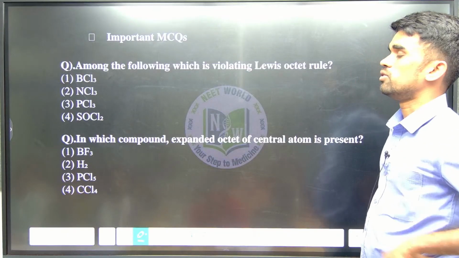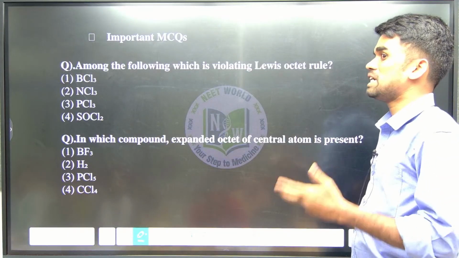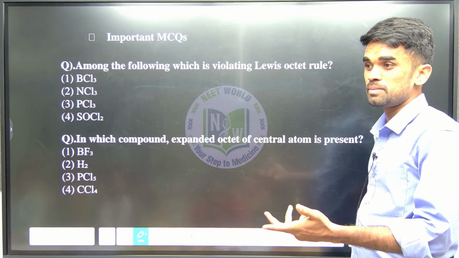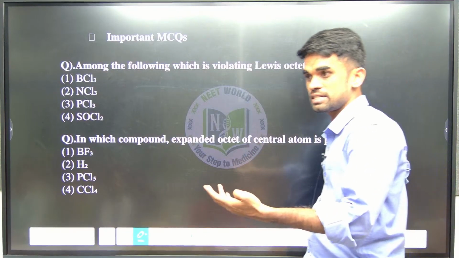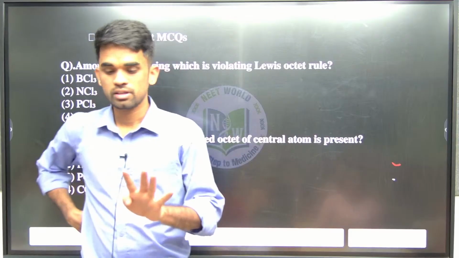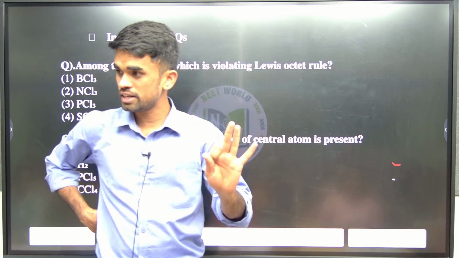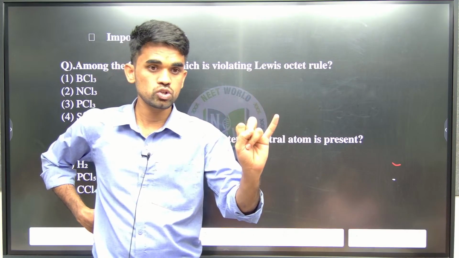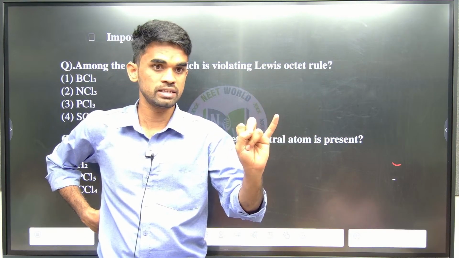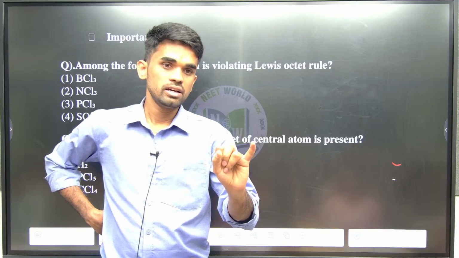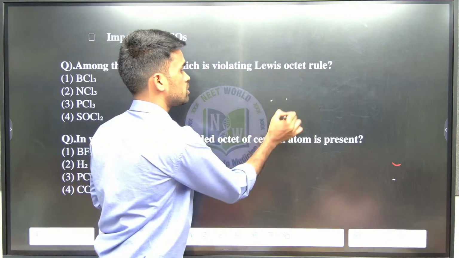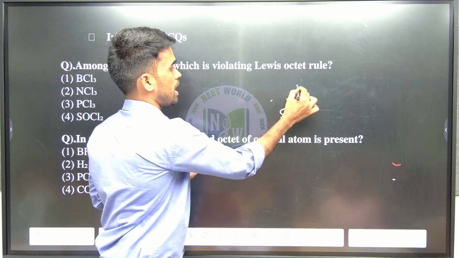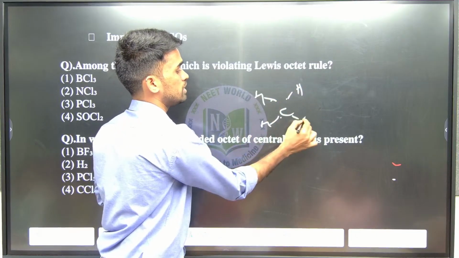Okay, now one more thing. What are the limitations of Lewis dot structure? Means what are the things we discussed? Tell me clearly. Expanded octet, incomplete octet, noble gas is also showing some chemical reactions. Okay, these are the 3. And one more thing, he is just taking the dots around the atom and putting some random atoms around it and fulfilling the octet.